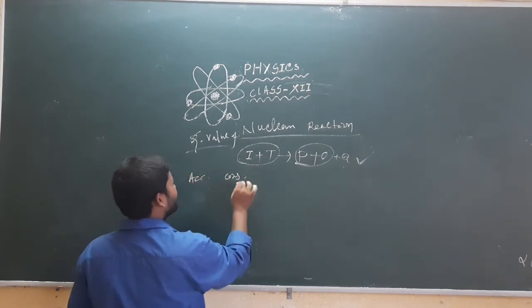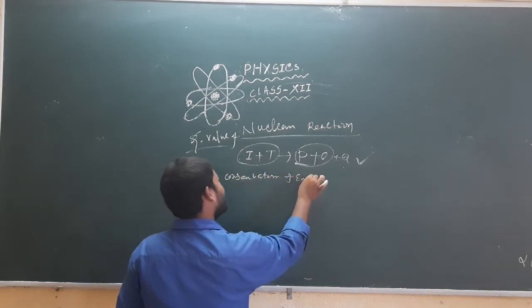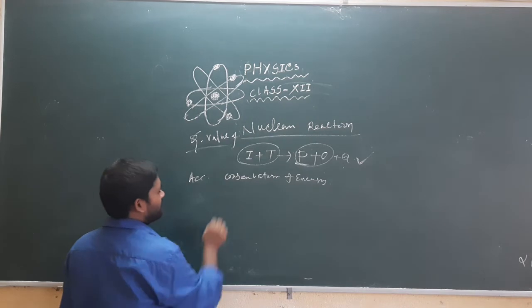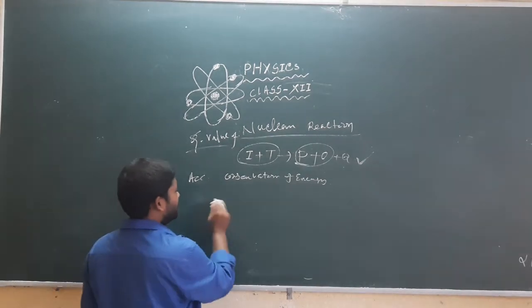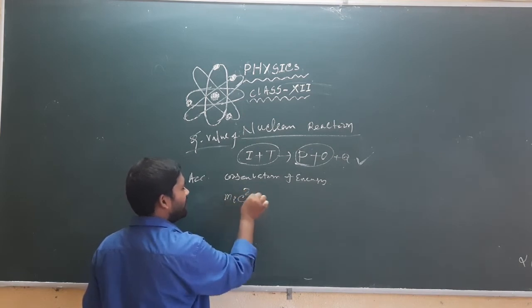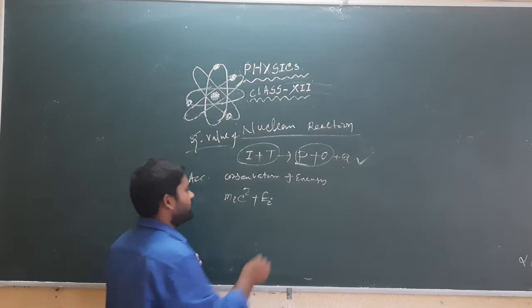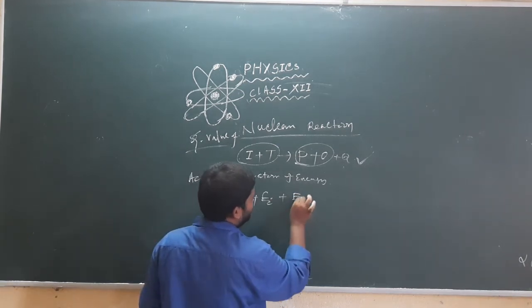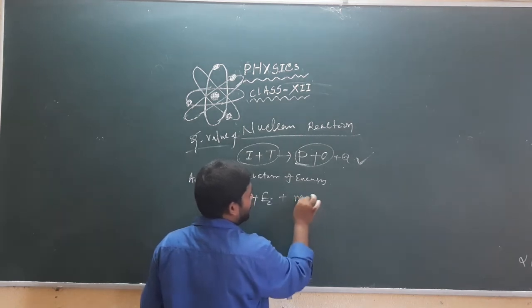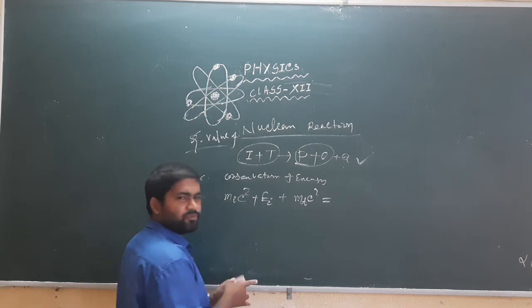According to conservation of energy, the energy of the incident particle is m_i c² plus E_i. Then the energy of the target nucleus, which is at rest, is m_t c². This equals the energy before reaction.